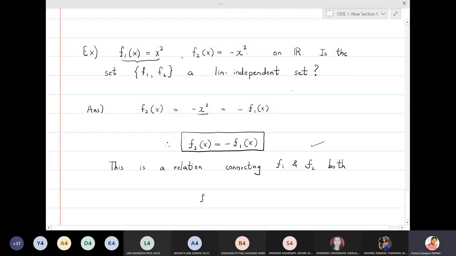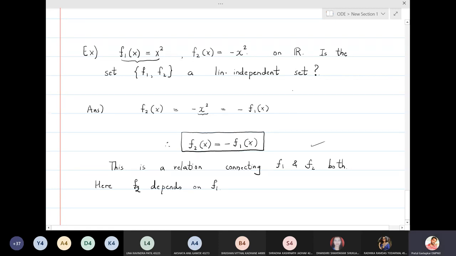Similarly, the same equation will tell you that f1 is minus f2, which means the value of f1 should be the negative of the value of f2. So f1 also depends on f2 and f2 also depends on f1. This means that f1 and f2 are linearly dependent on each other, because one of them depends on the other. Here, f2 depends on f1.